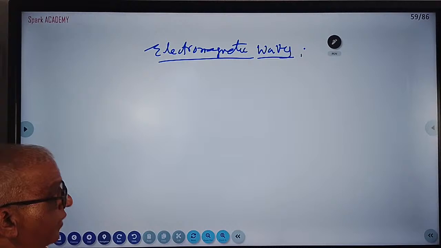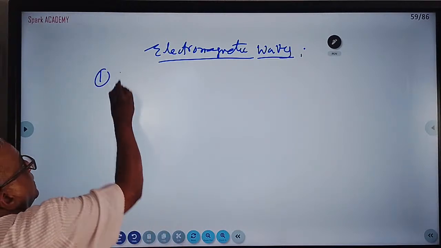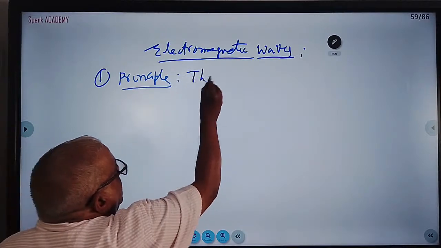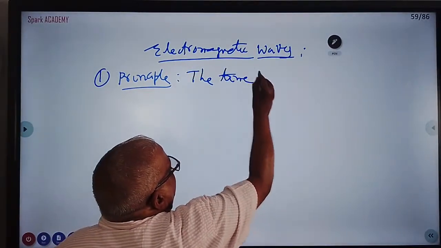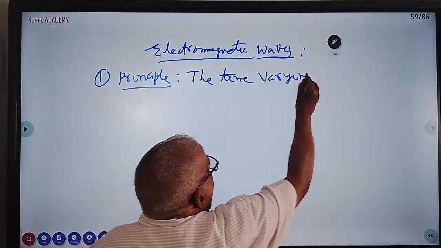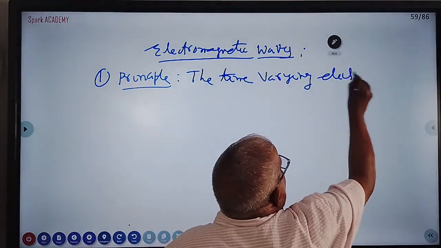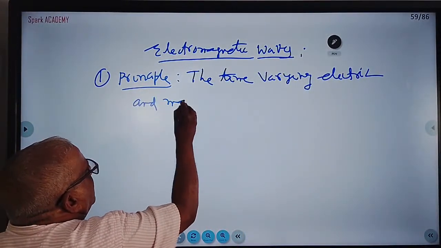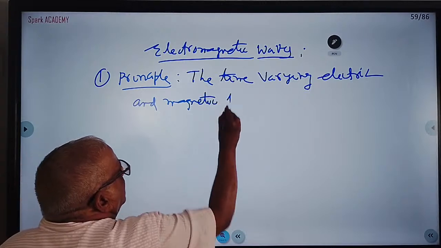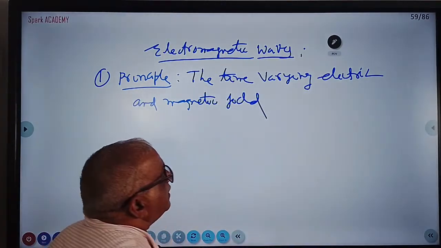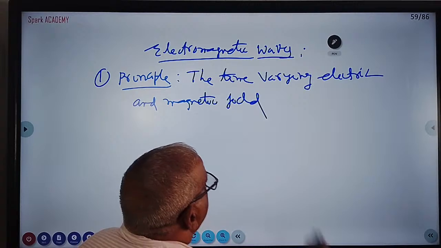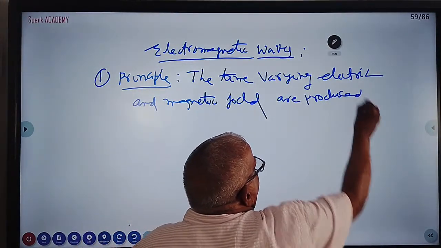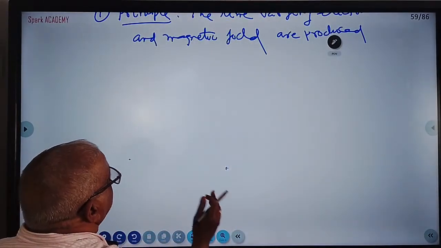What is the principle of production of electromagnetic waves? What is the source of electromagnetic waves? The time varying electric and magnetic fields are produced by an oscillating charge.